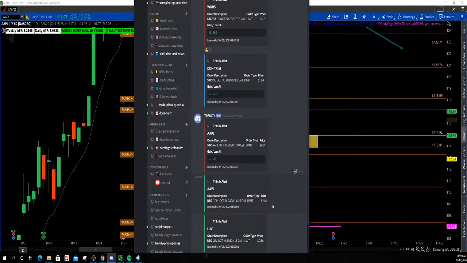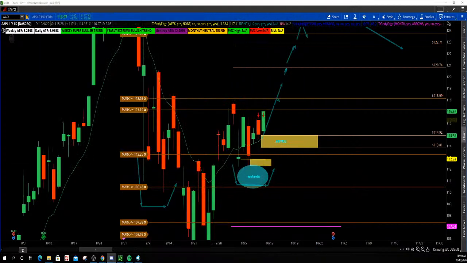And actually, I take that back. So we had deep in the monies, and then I bought at the money right before close. And you can see the timestamp, the price I paid. Very nice.